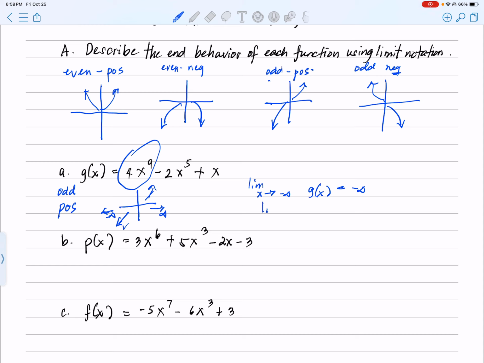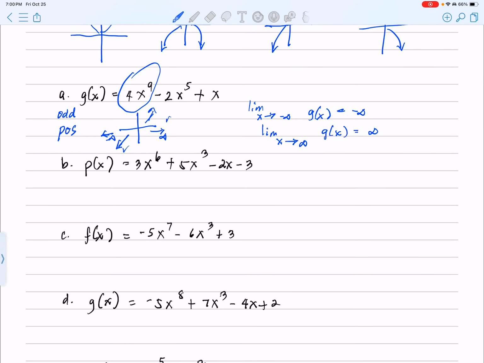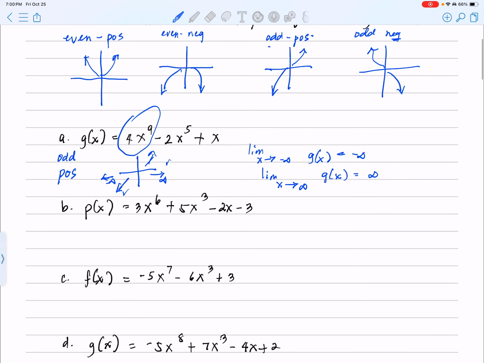While the limit when x approaches positive infinity, our g of x is positive, or approaches positive. All right? Simple, right? Okay. Just have our guide right there.